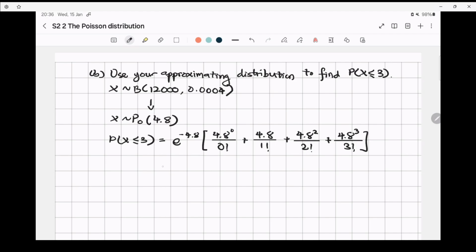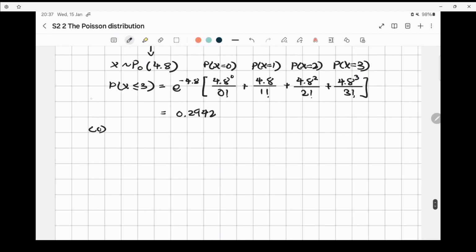So you calculate everything, you get 0.2942. Just a reminder, this is when X equals to 0, 1, 2, and 3. Because you are converting from discrete distribution to discrete distribution, you don't need to do any continuity correction.